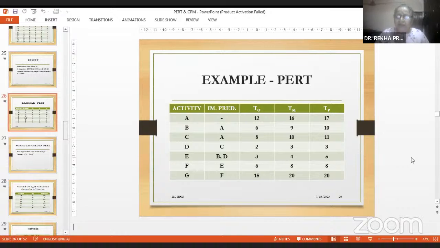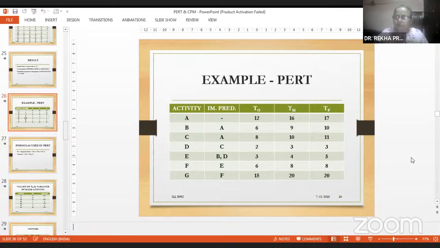In PERT, PERT was made for launching a Polaris missile during the Second World War. So it was a research project. They did not know exactly what time would be required to finish an activity. So each activity was given 3 times. One was your optimistic time, that is the least time which that activity will take.